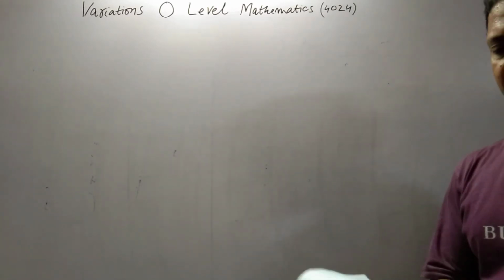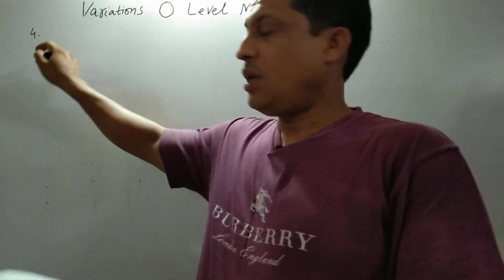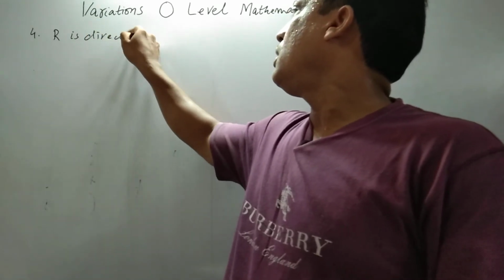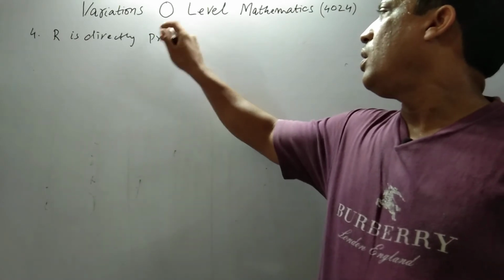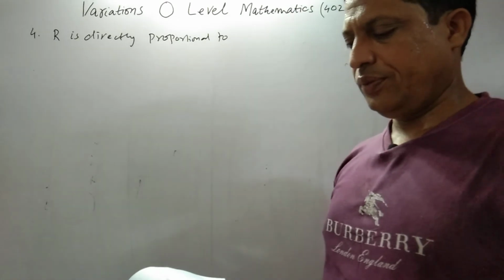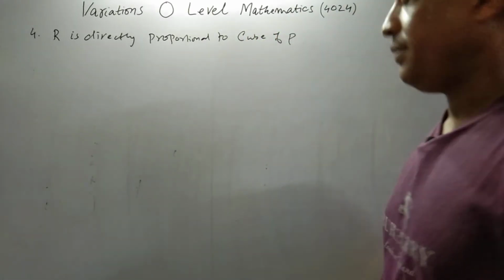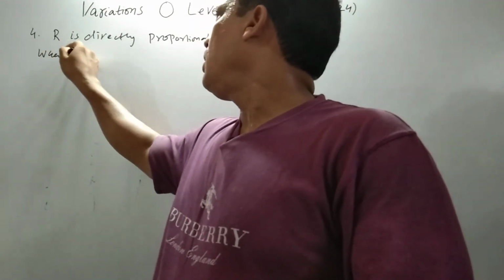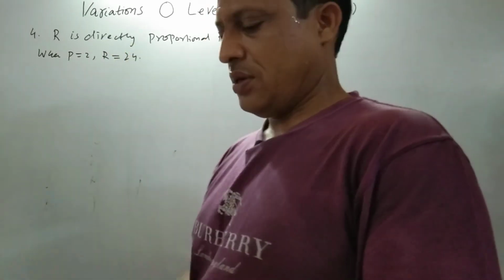Question number 4 is: R is directly proportional to cube of P. When P is 2, R is 24.